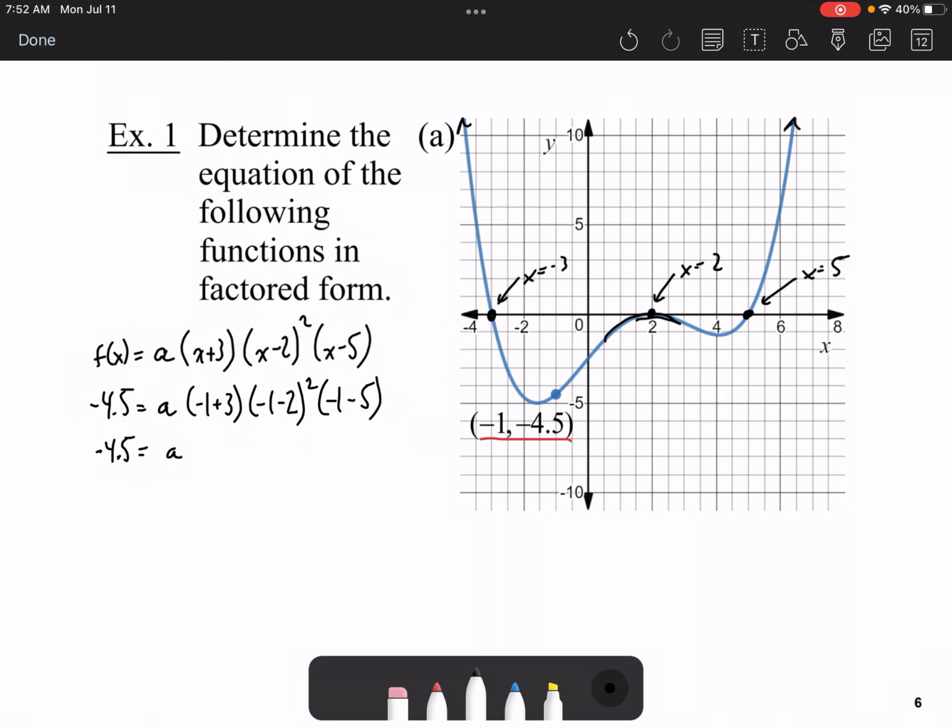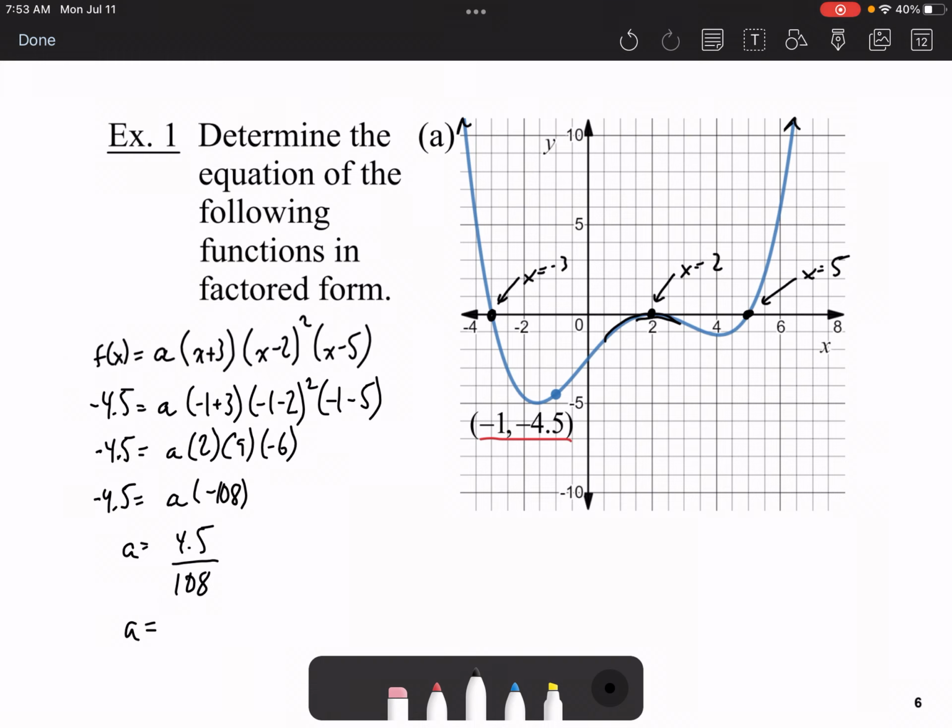And if I can find my value for a, then I got this expression. So this is going to be 2, -3 squared is 9, -1 minus 5 is -6. I'm going to grab my calculator right now and multiply these values out. So this is -4.5, and this is going to be -108. So a is going to be 4.5 over 108.